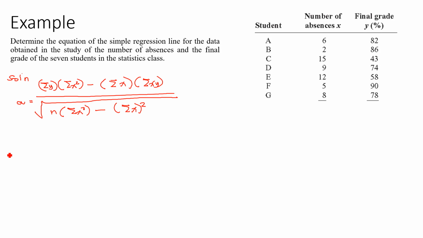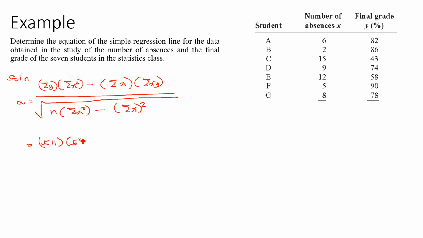So here, we could have our summation of y is 511, times the summation of x squared, let me check. Oh, that's correct.